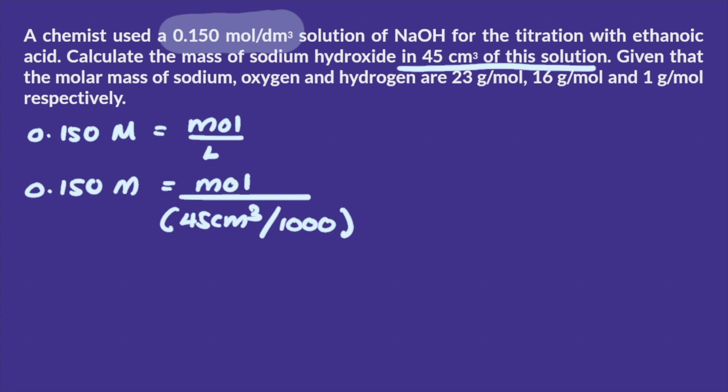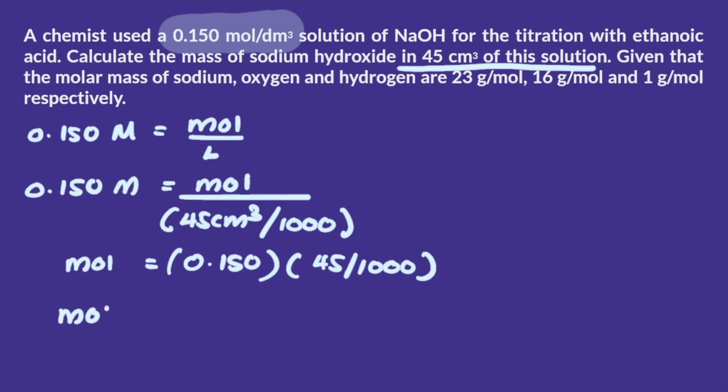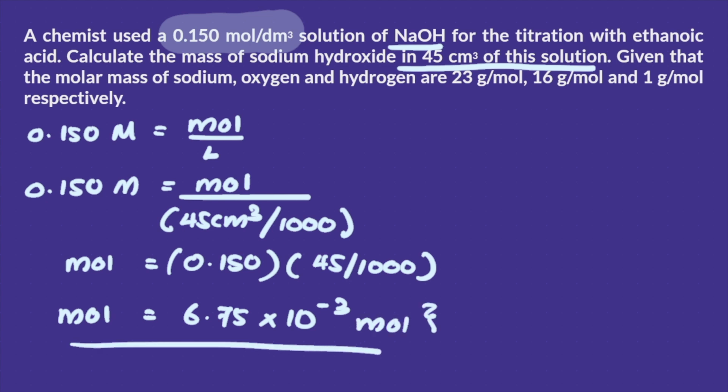Therefore, you will get your number of mole is equivalent to 0.150 times 45 divided by 1000. Therefore, the number of mole of your sodium hydroxide is actually 6.75 times 10 to the power of negative 3 mole. This is the number of mole for your sodium hydroxide.